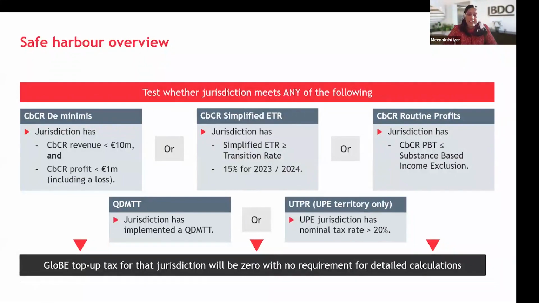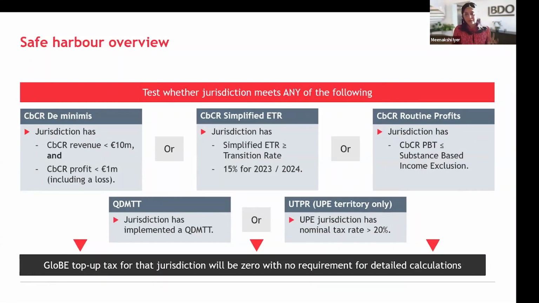The other one is the UTPR rule, and effectively this is more relevant for potentially US headquartered groups. What this rule says is if the ultimate parent entity has not implemented Pillar 2, then for the years up to 31st of December 2026, if the nominal tax rate of the ultimate parent entity is greater than 20%, then you don't have to apply the UTPR.